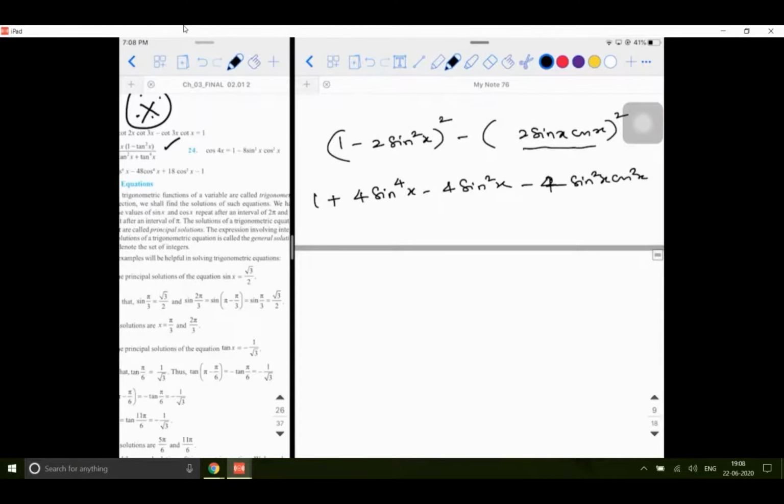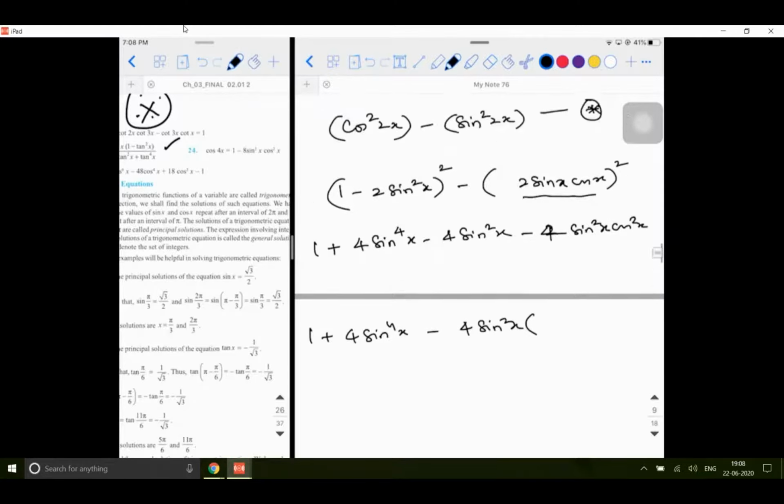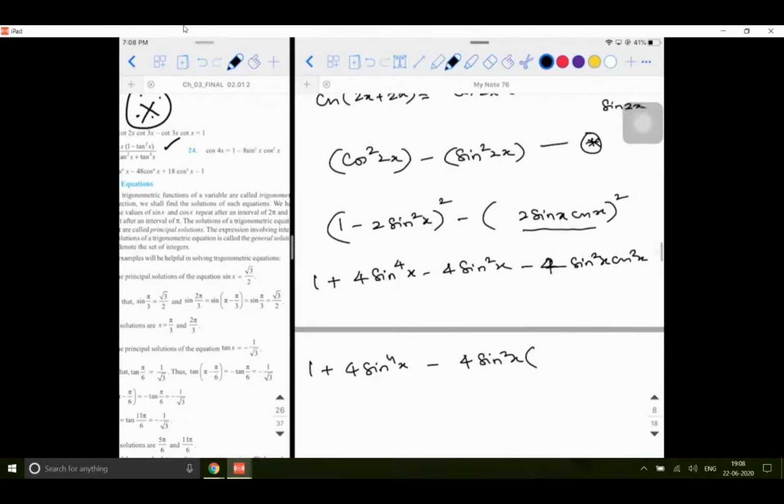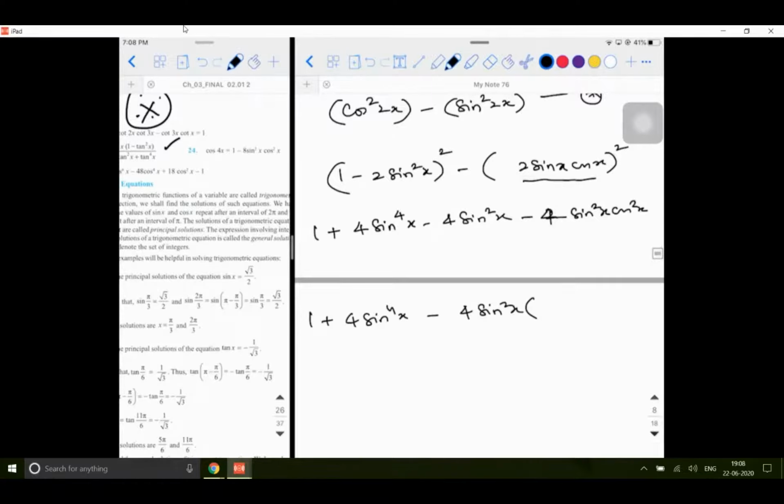Now what should I do? I have 1 plus 4 sin power 4x minus 4 sin square x minus 4 into sin square x into cos square x. If I take out sin square x common, check if I am doing anything wrong. You wanted me to write it as 1 minus 2 sin square x, so I wrote it as the whole square. Is it right?